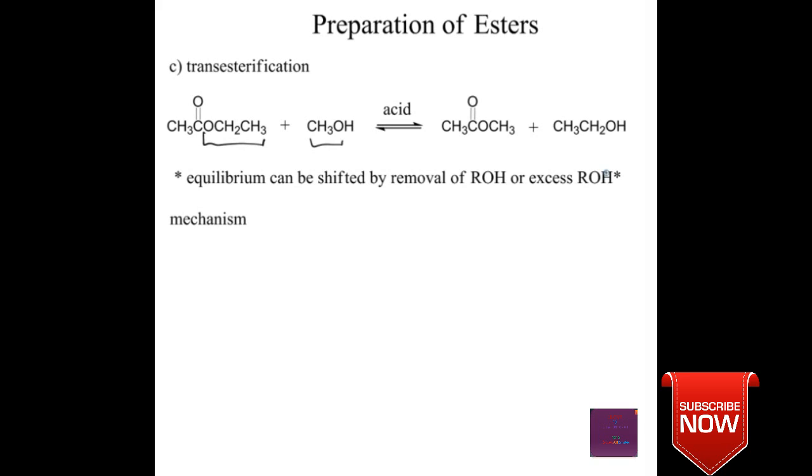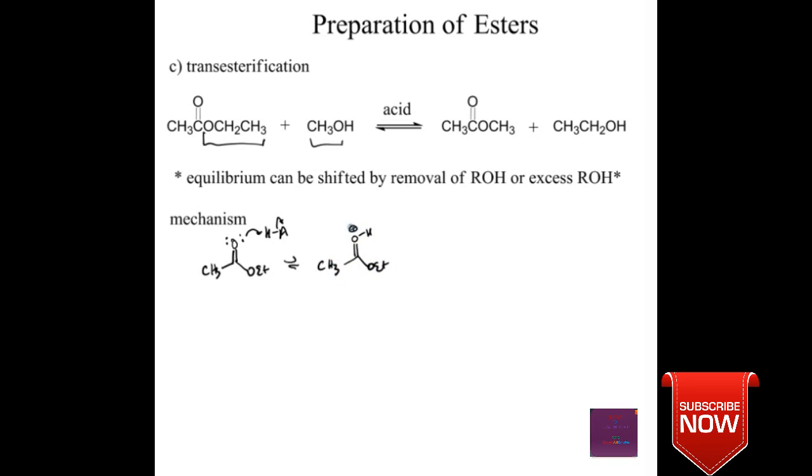The mechanism is exactly analogous to the Fischer esterification. We're going to protonate as our first step. I'll just abbreviate that as ethoxy. Let's go through this one more time because it's great practice. We'll protonate as our first step.